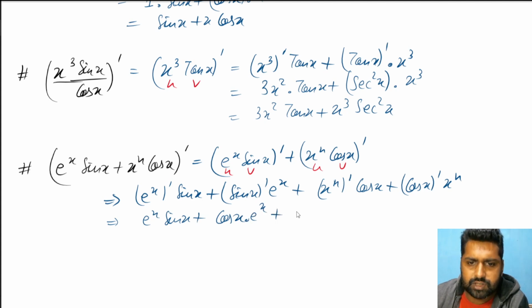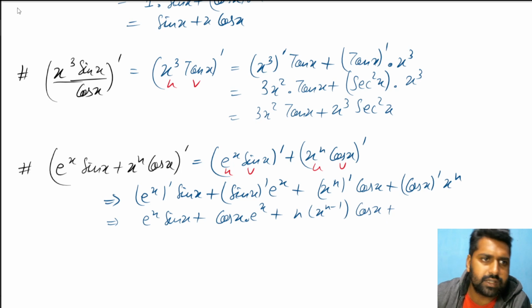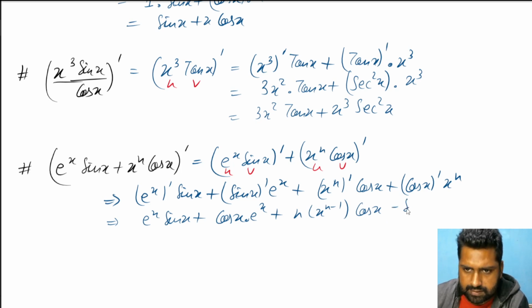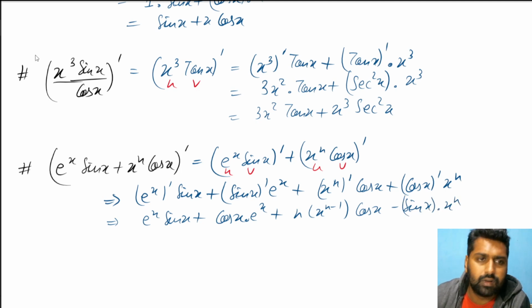x raised to power n differentiation is n x raised to power n minus 1 cos x. Cos x differentiation is minus sine x into x raised to power n. I can take e raised to power x common from these two.